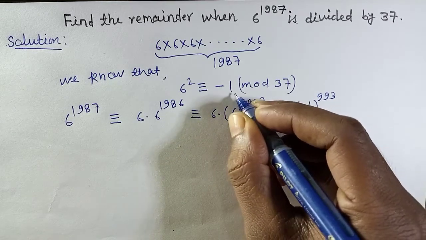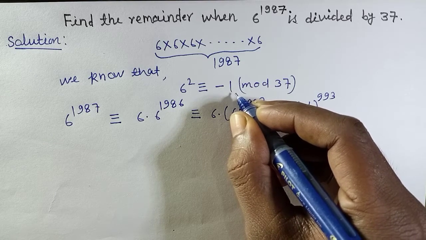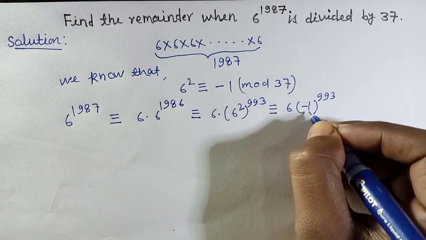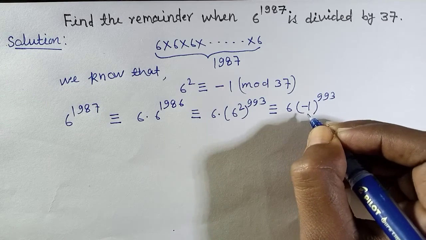So we can substitute the value of 6 square here. So it is -1.